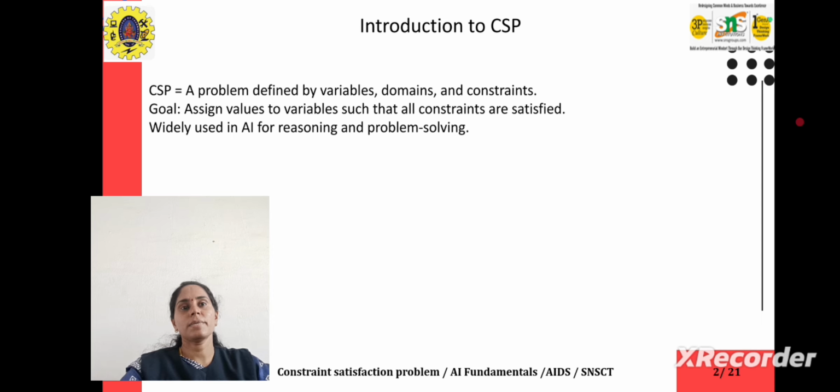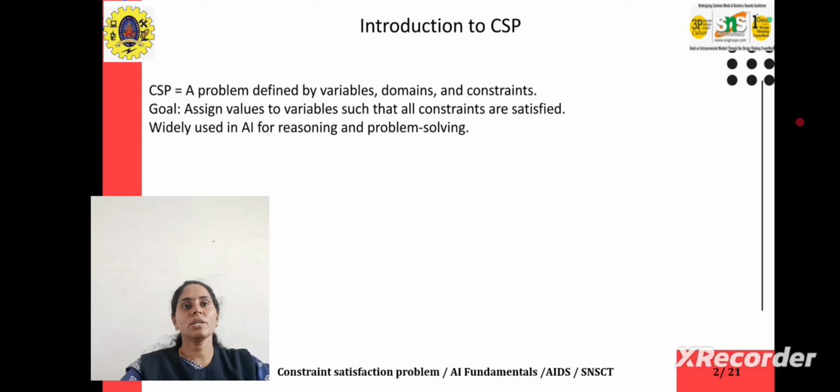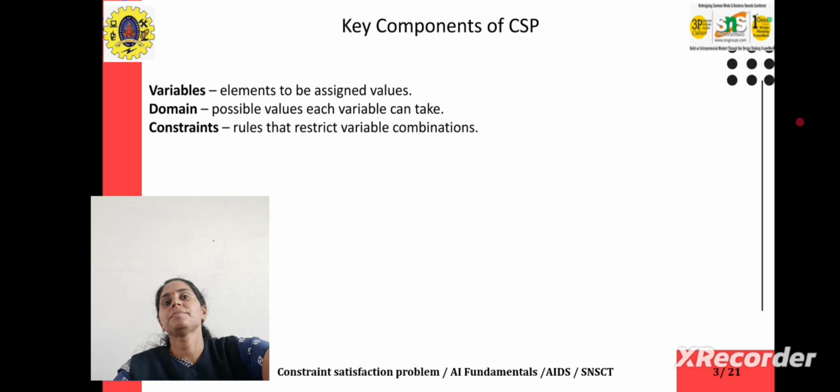The slide emphasizes CSP's importance in AI, where it's commonly used for tasks involving reasoning, decision making, and optimization. For instance, it helps in modeling problems where choices are limited by interdependencies, making it a foundational tool for efficient problem solving in computational intelligence.